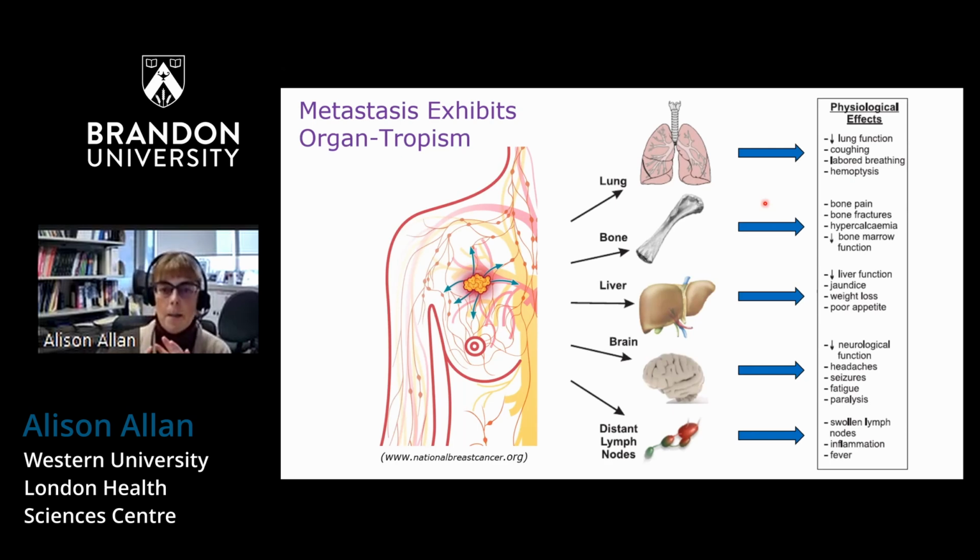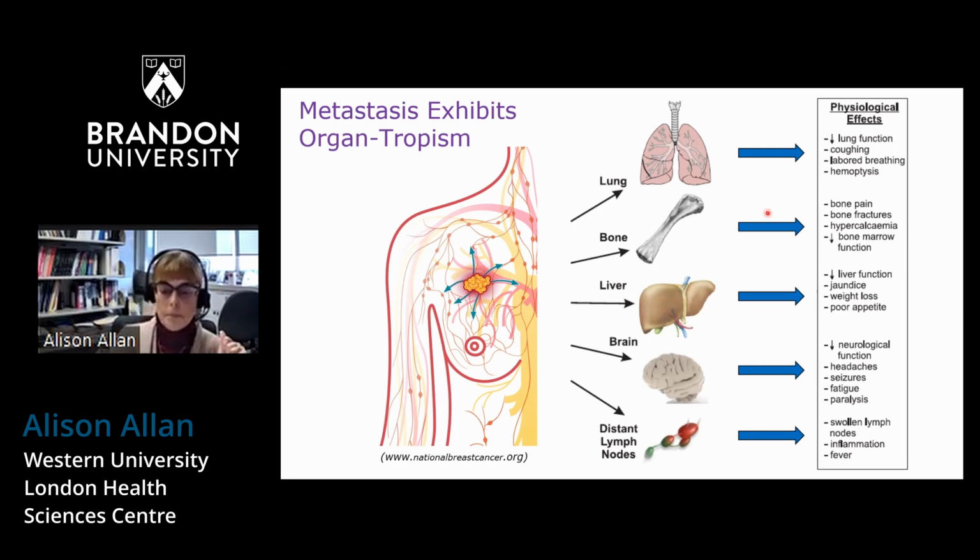But when the cancer cells spread to critical organs like the lung, they really affect your breathing. If it spreads to the liver, it affects the function of your liver to detoxify. If it spreads to the brain, it impacts neurological function. If it spreads to the bone, it starts to affect your immune function, and you get a lot of fractures, etc.